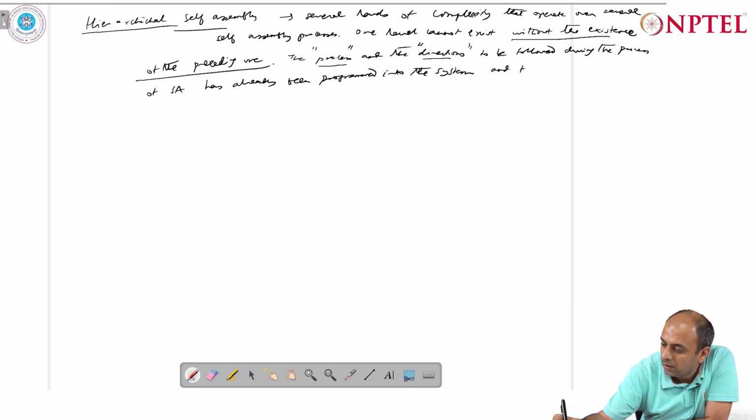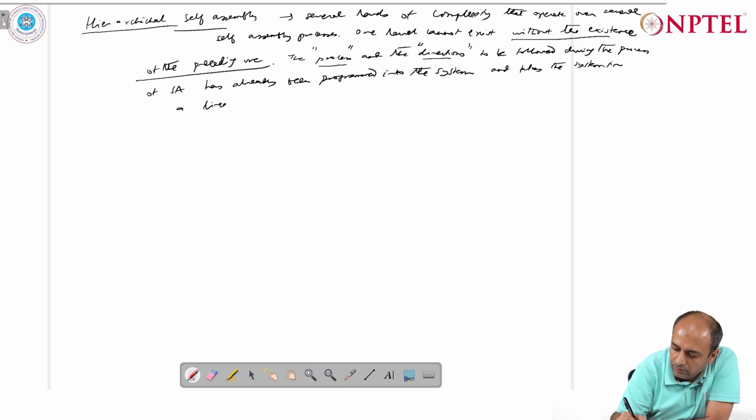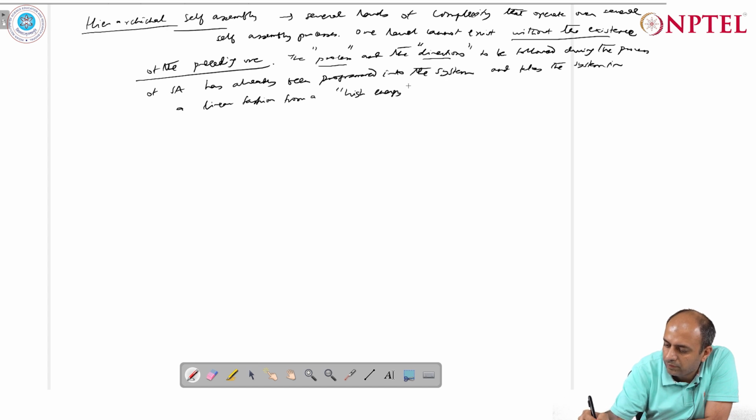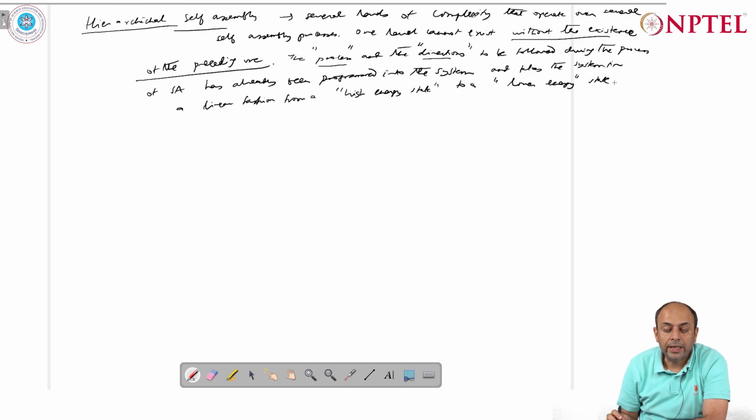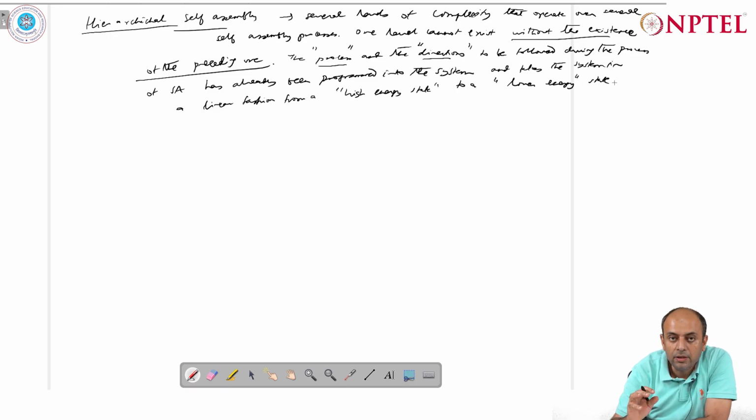And it takes the system in a linear fashion, serially, stepwise, from a high energy state to a lower energy state. Okay. So, I hope you have been able to appreciate the principles which govern self-assembly processes.